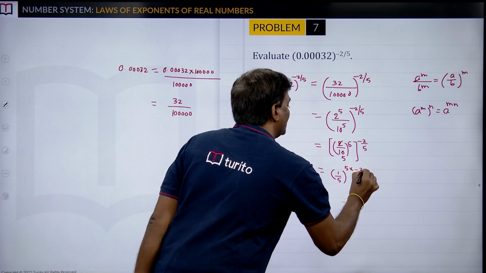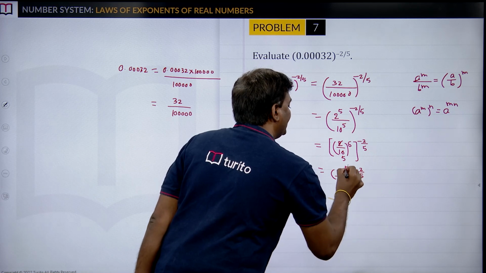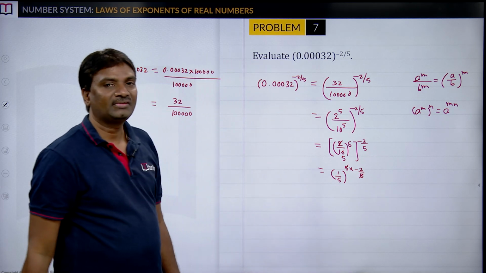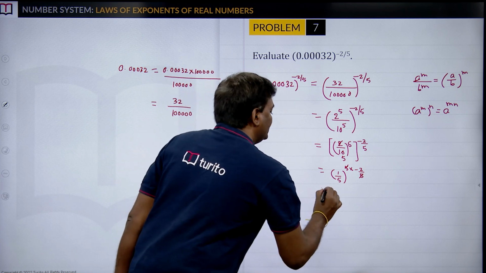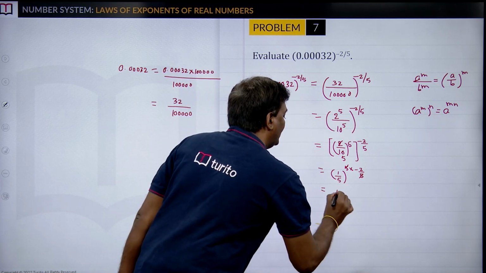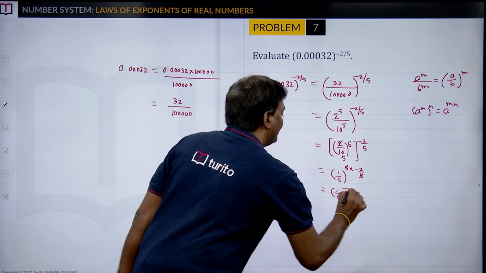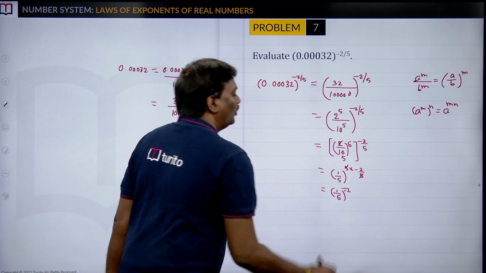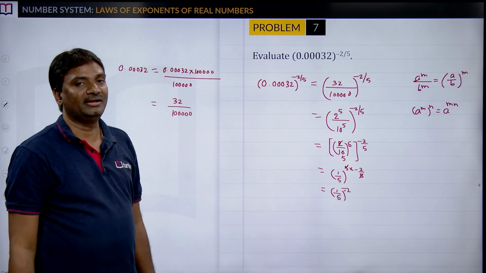We can cancel 5. What is the remaining part? You will get 1 by 5 power minus 2.